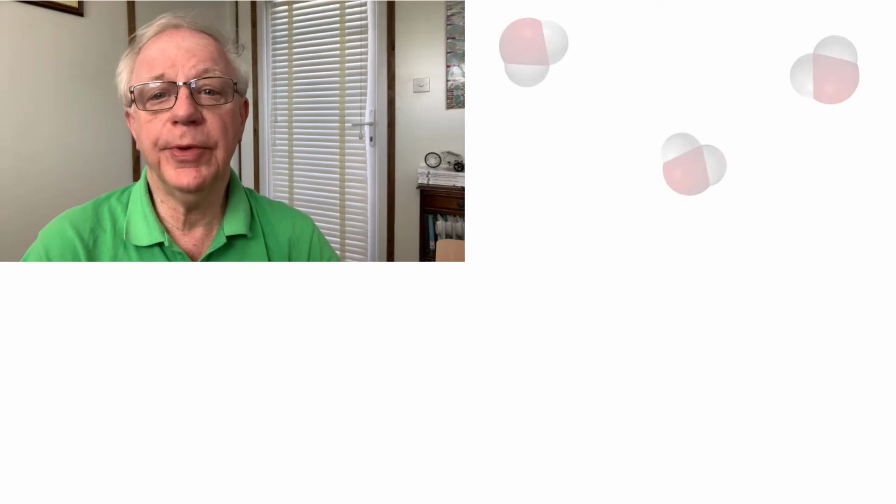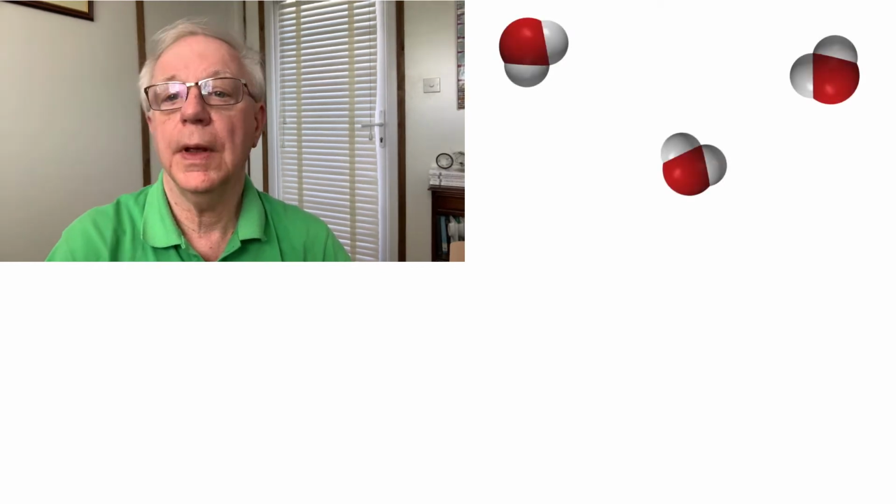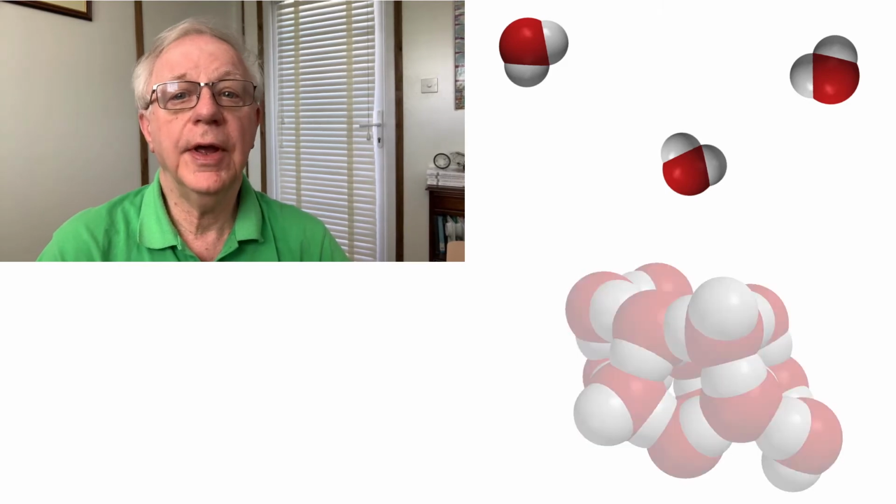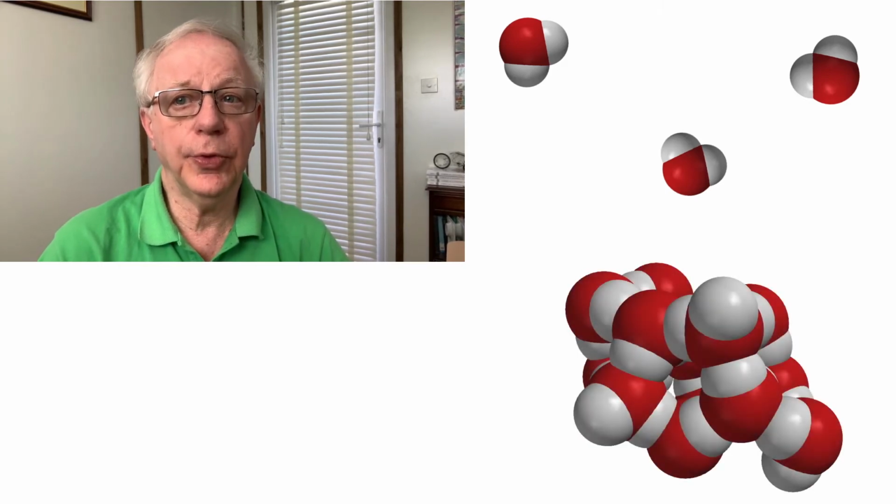A vital property of water is the way in which the molecules link together by intermolecular interactions called hydrogen bonds. They are in the liquid and the solid. In the vapour, the molecules predominantly are separate. This is a representation of 13 water molecules as a tiny cluster within liquid water.